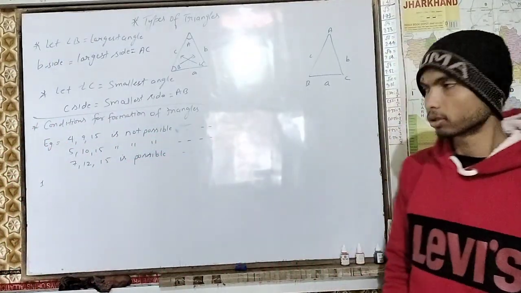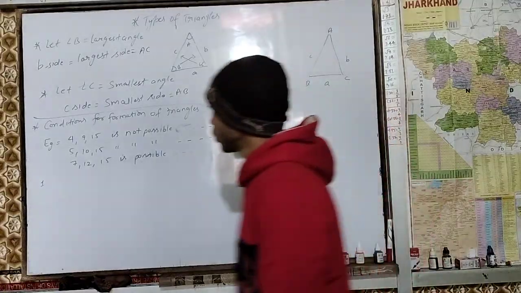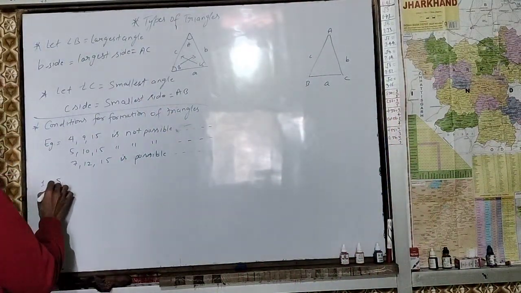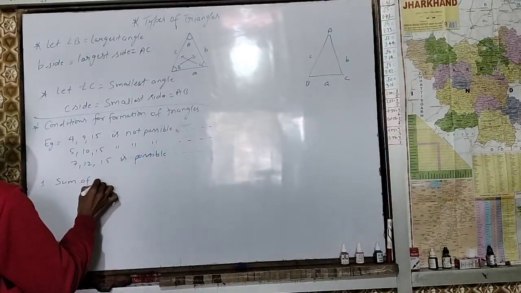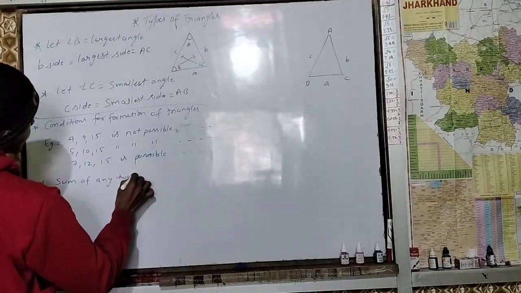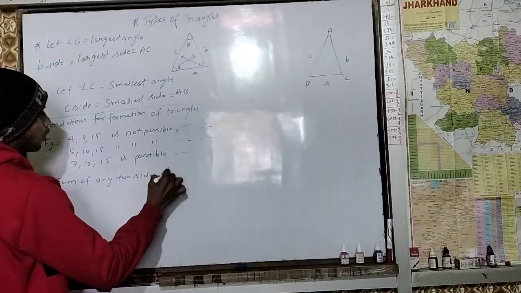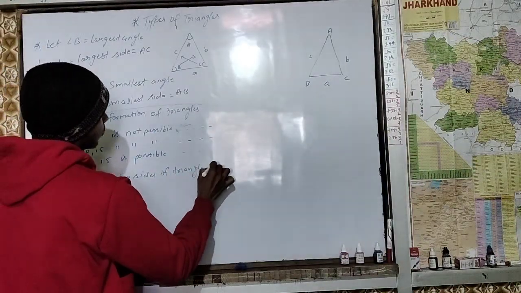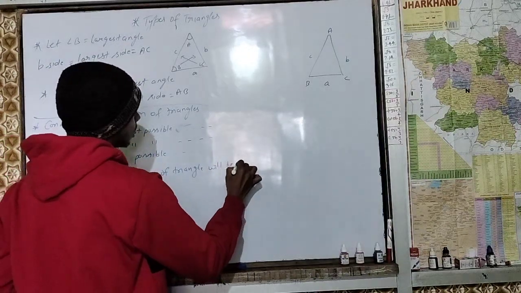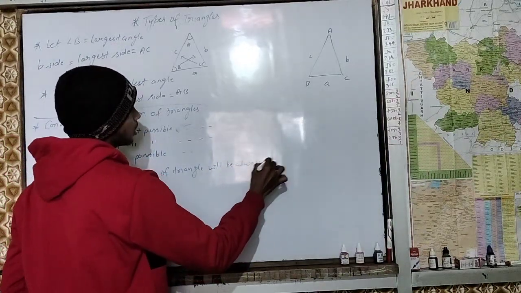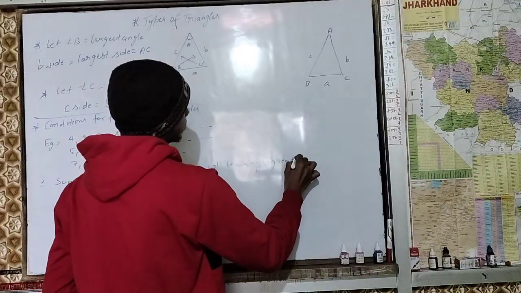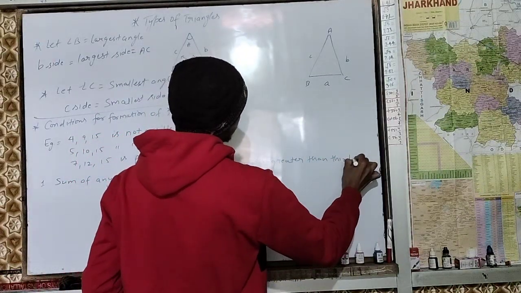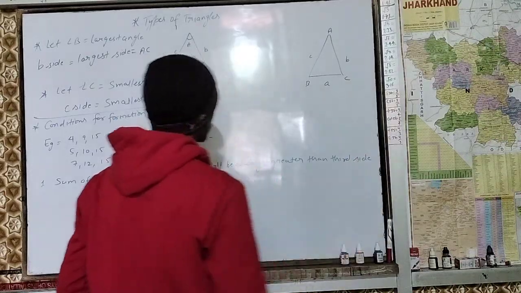How? The first condition is that the sum of any two sides of a triangle will always be greater than the third side.